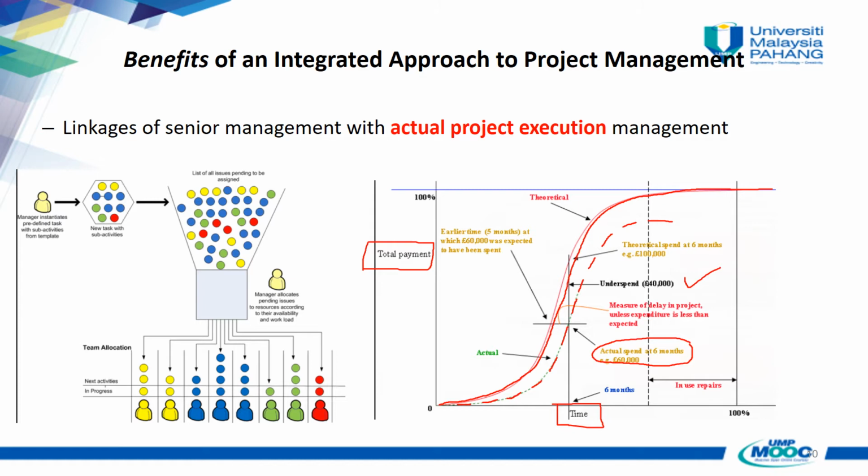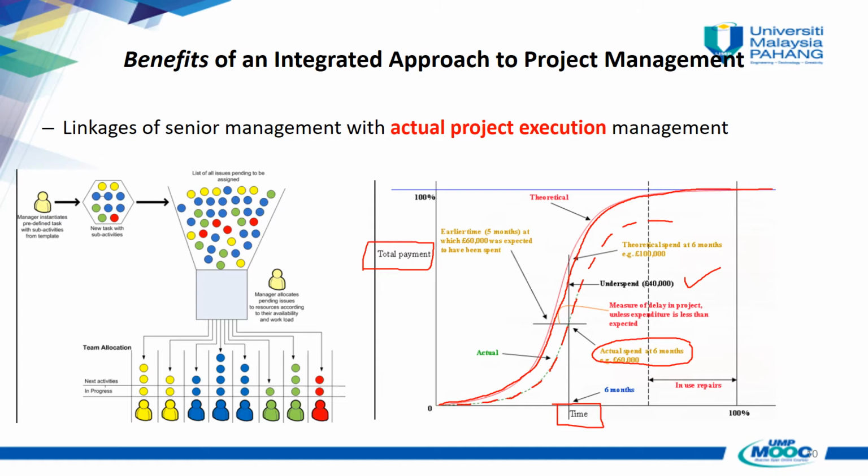If underspend, good enough, but if overspend, then it will shock our shareholders, because more money, more machinery, more men will be utilized to complete the product, to complete the project.